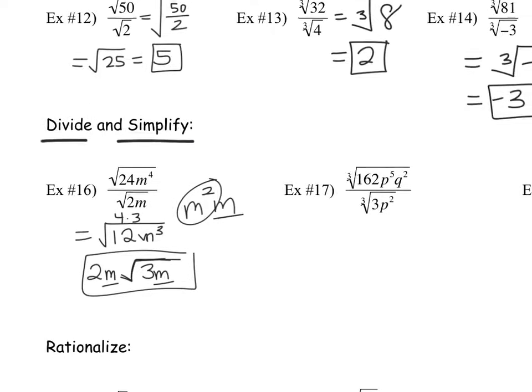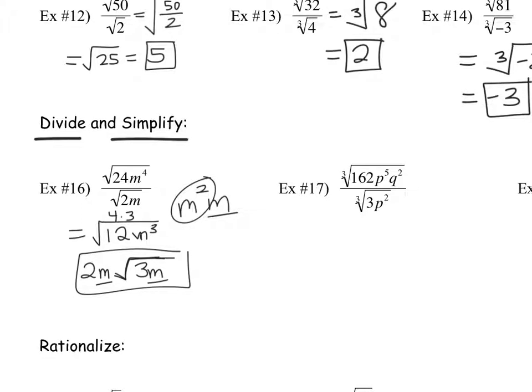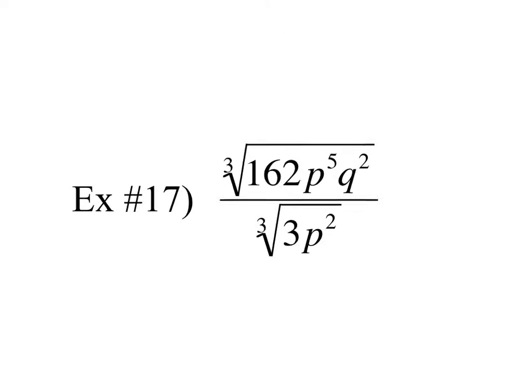All right, let's try 17 now. Cubes. Here's an interesting thing. Do you know how to tell if 162 is divisible by 3? If you add up 1 plus 6 plus 2, what do you get? 9. And 3 goes into 9. That works that way for 3s and 9s.